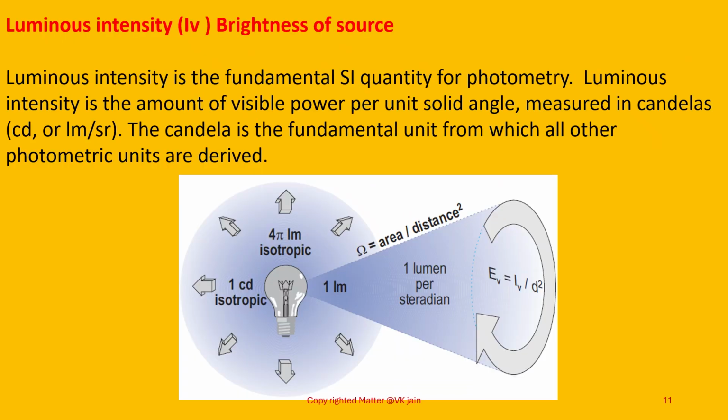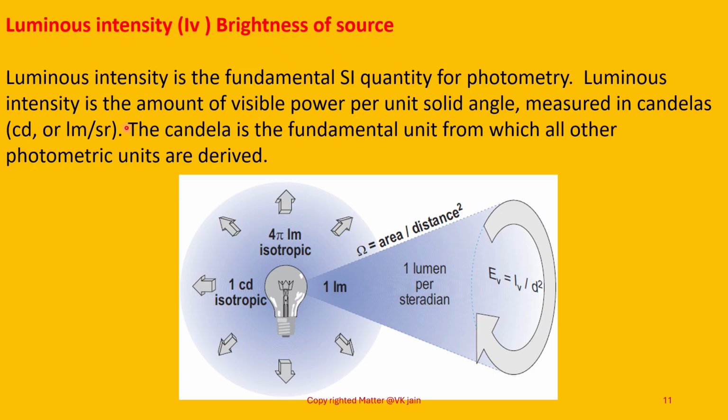Once again, into the concept of luminous intensity. I have shown a source of light. Luminous intensity is the fundamental SI quantity for photometry. It is the amount of visible power per unit solid angle, measured in candelas.